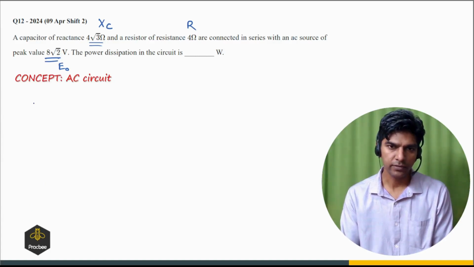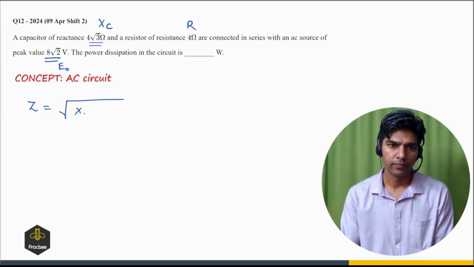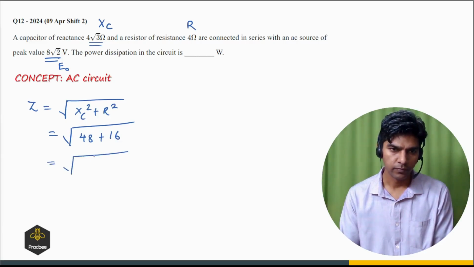So first let us find the impedance. Impedance will be root of XC square plus R square. So that will be 16 times 3, 48, plus 16. So this comes out to be root of 64. So that will be 8.